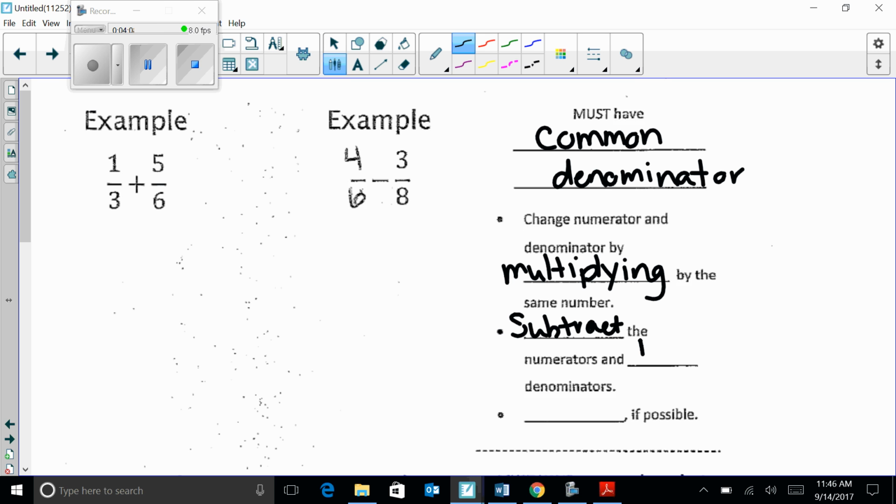And we are still keeping the denominators, and then of course we simplify if we can.